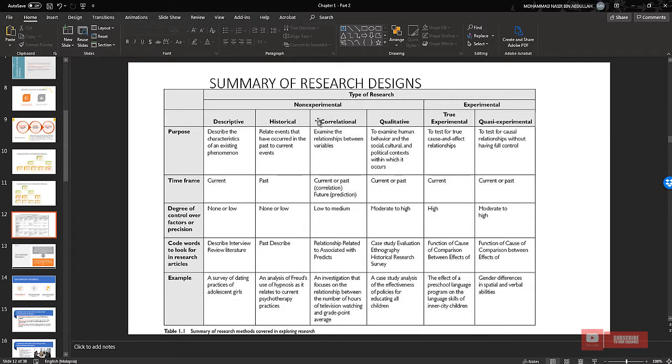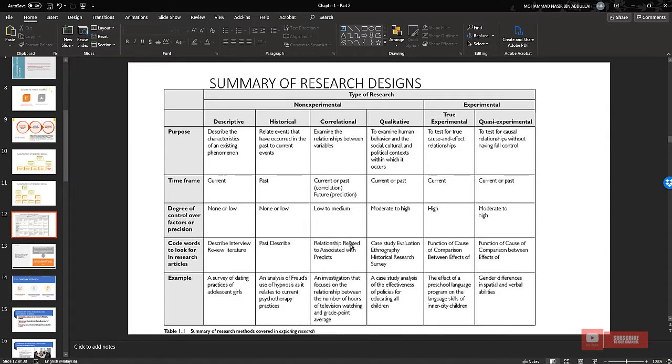Correlational research. The purpose of correlational research is to examine the relationship between the variables. Time frame may be current or past or future. We have a low to medium degree of control over the factor or precision. And if you want to find the literature or article, look for relationship, related, associate with, predicts.